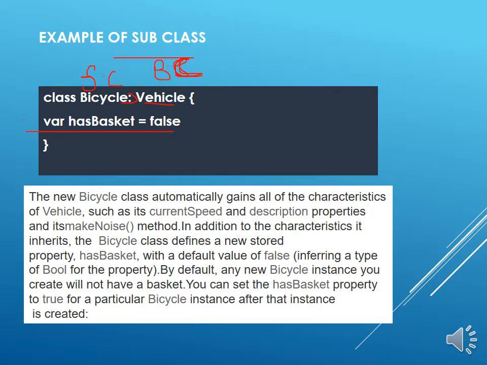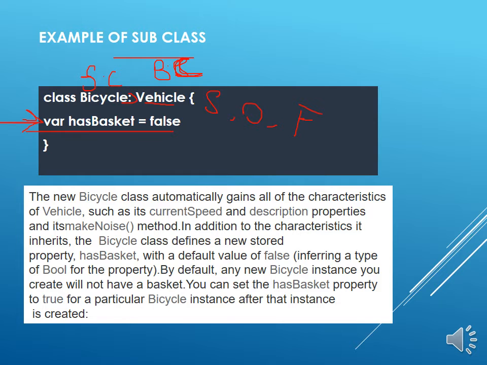This is a new property added in the Bicycle class. The new Bicycle class automatically gains all the characteristics of Vehicle. This means this class will have the properties of the base class, that is currentSpeed and description, and its methods will automatically be added to this one.